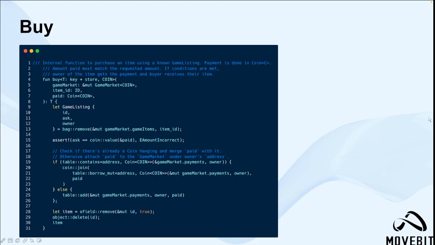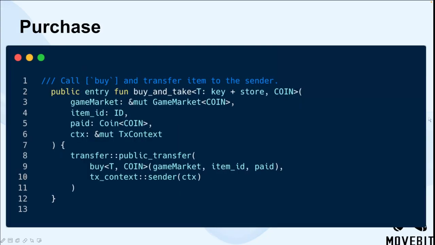So in summary, this function allows the user to purchase an item from the game market by removing the game listing from the game listing bag, checking if the amount paid matches the asking price, updating the payments table, and returning the item. Then we have the buy and take function, which is basically just a purchase function, which allows the user to purchase an item from the game market and have it transferred to them.